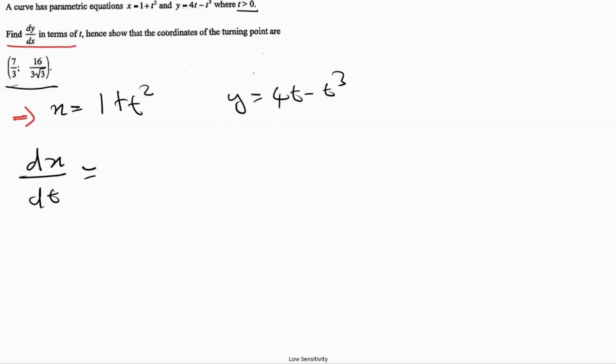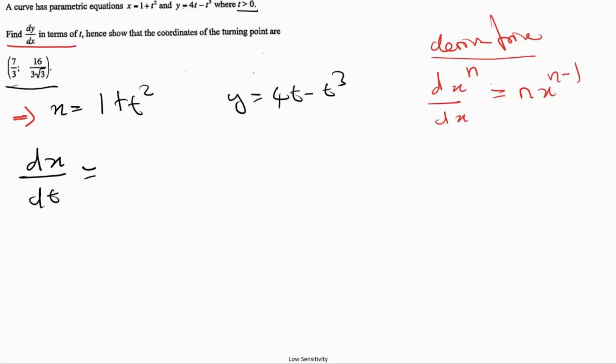The derivative of a constant is 0, and for a polynomial, the derivative of x to the n is n x to the n minus 1. So we're going to use that same concept here.